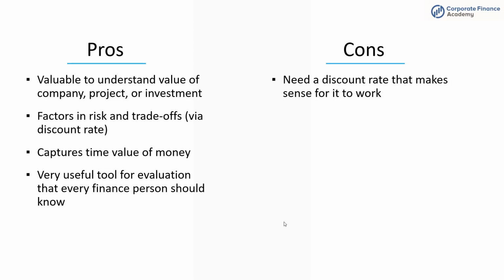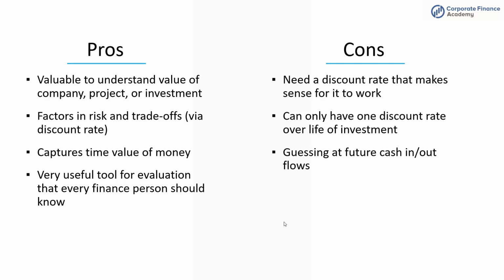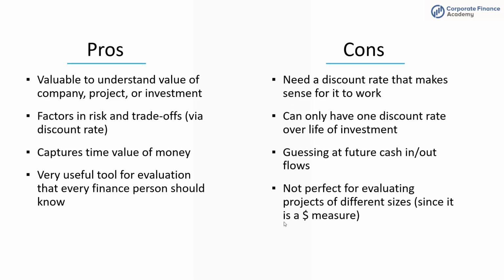For cons, you need a discount rate that makes sense in order for the result to make sense. You can only have one discount rate over the life of the investment. So if you're doing a 5, 10, 15-year investment, the formula doesn't really allow you to switch discount rates throughout. At the end of the day, you're still guessing what your future cash in and outflows are, so those are imperfect. And it's not great when you're evaluating projects of massively different sizes.